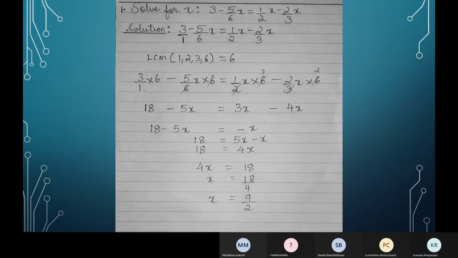So 3 minus 5 by 6x: 3 is one term, 5 by 6x is the other term. So this is in the LHS. In the RHS, we have half x, one term, 2 by 3x, another term, separated by a minus sign.